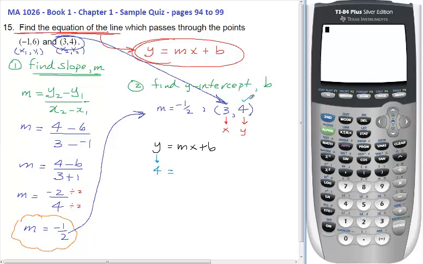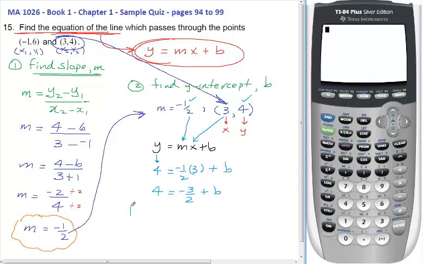Now I got to put in m, negative 1/2, and of course then times x. So x goes in right here, and that's 3, plus b. So now you solve for b. So I get 4 equals negative 3 over 2 plus b.